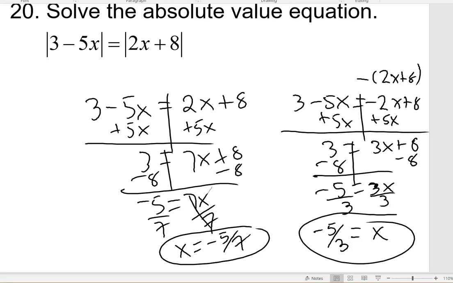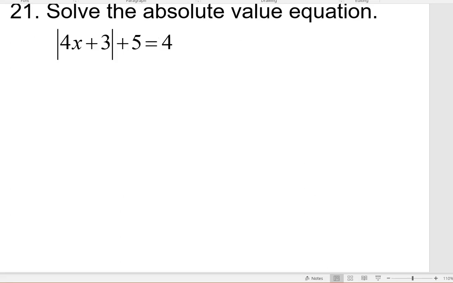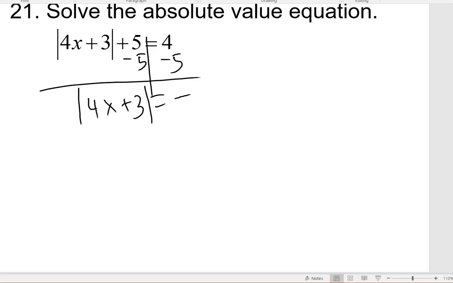Let's keep going. Almost done with the absolute values, okay? Let's see, this one, solve the absolute value. I'm not going to split it. I caught that from last time. Don't split it yet. Move the 5 first. So that absolute value of 4x plus 3 is equal to -1.